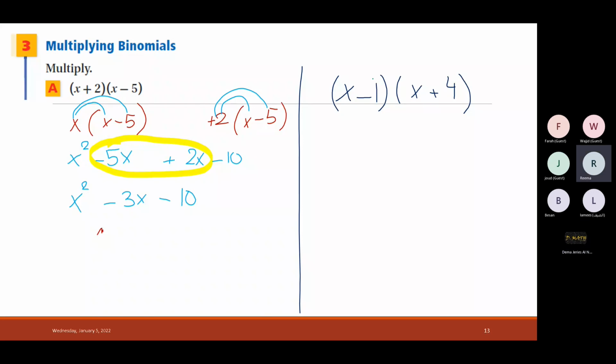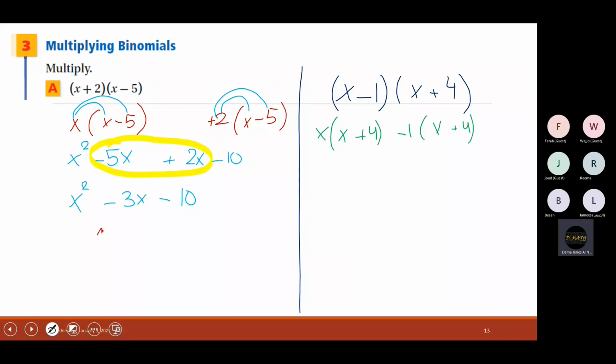Yes, teacher. Yes, Rima. What do you have to do first? We will distribute x on x plus 4, then negative 1 on x plus 4. Bravo. Continue, please. x times x is x squared. Bravo.